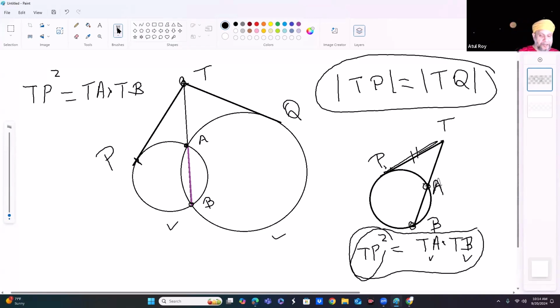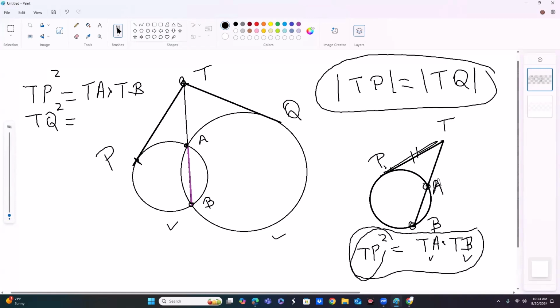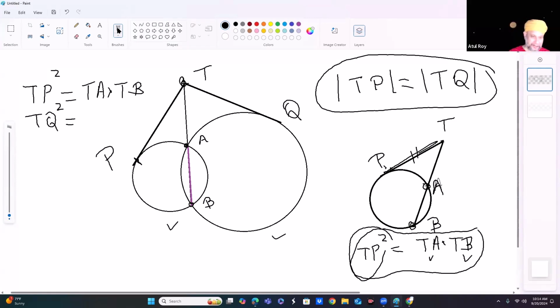So tell me, who is TQ square by the same property? TQ square is TA times TB, very good, which is the same thing as what you said.